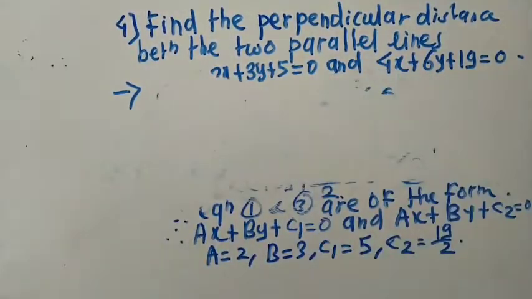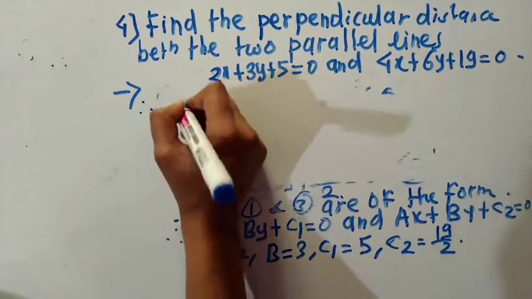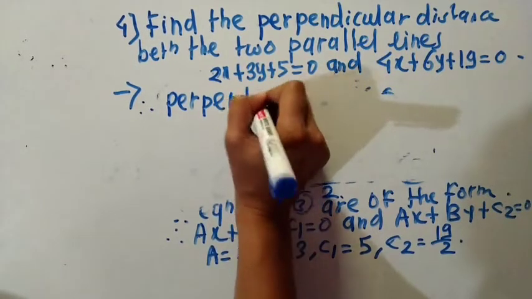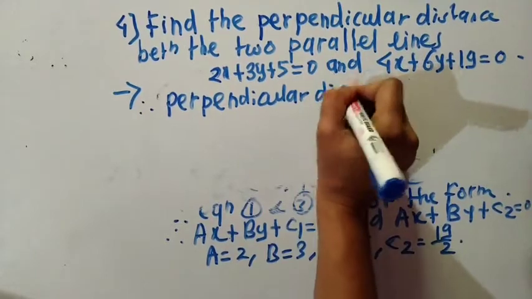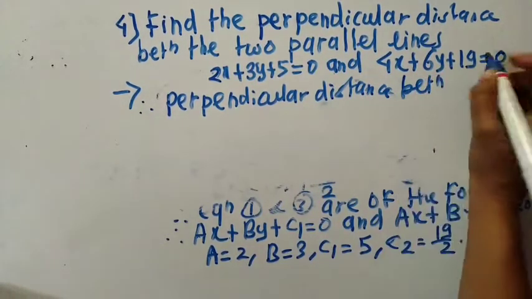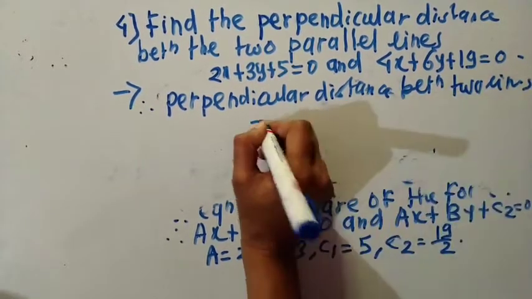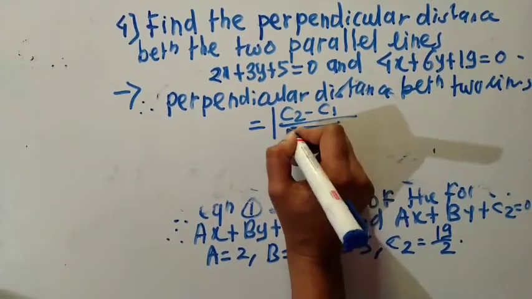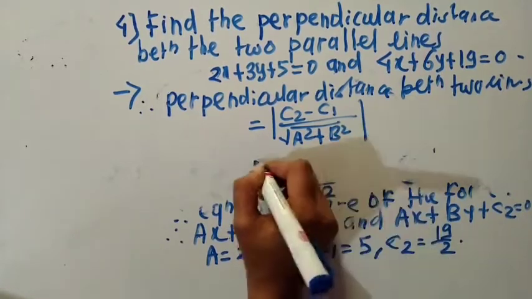Hence the perpendicular distance between the lines is |c2 - c1| upon root of a square plus b square.